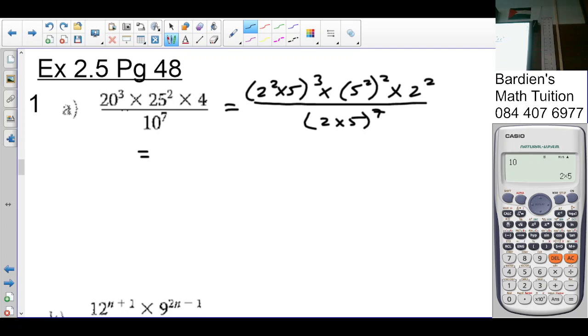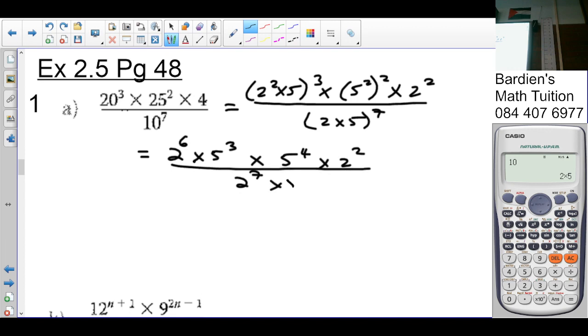Okay. Now since a base raised to an exponent is raised to another exponent, we multiply the exponents. So 2 times 3 is 6 times 5 cubed times 2 times 2 is 4 times 2 squared, all over 2 to the 7 times 5 to the 7. When you multiply and the bases are the same, add the exponents.